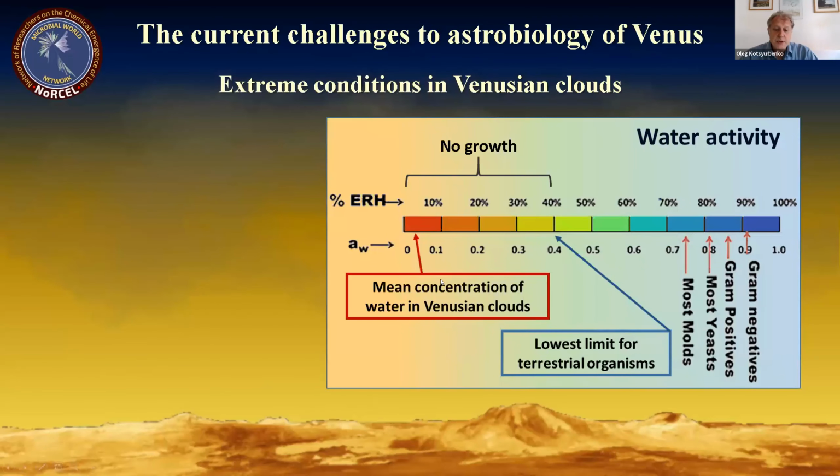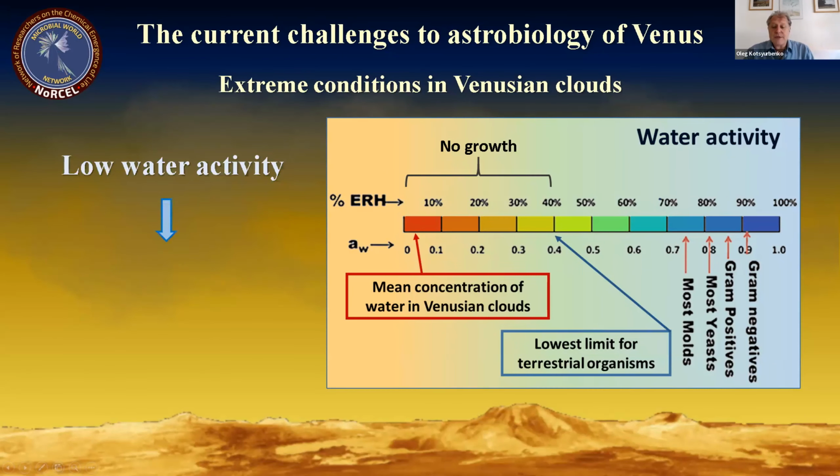The third extreme factor is very low water activity. On this chart, you can see that the calculated water activity in the clouds of Venus is much lower than the lower limit of water activity at which terrestrial organisms can exist.